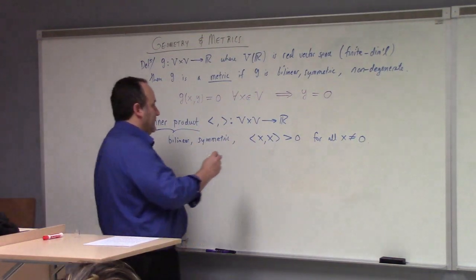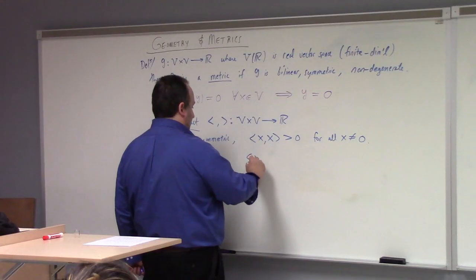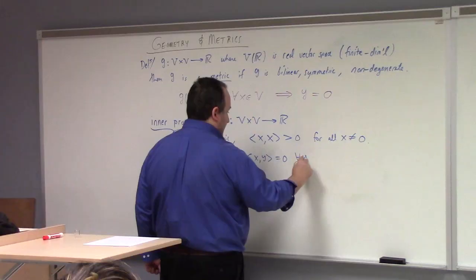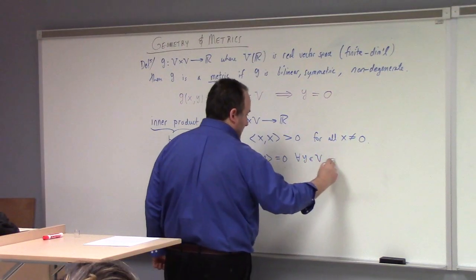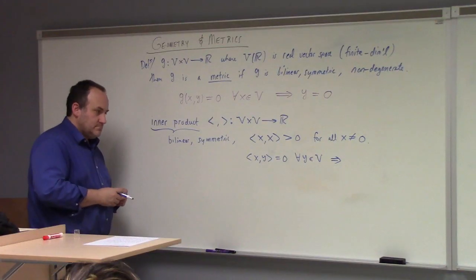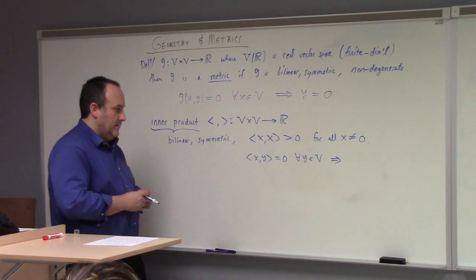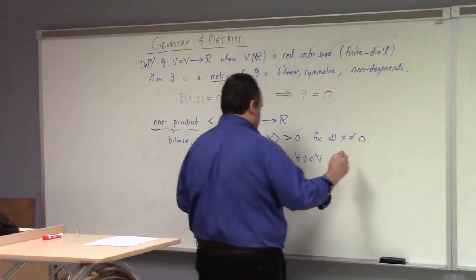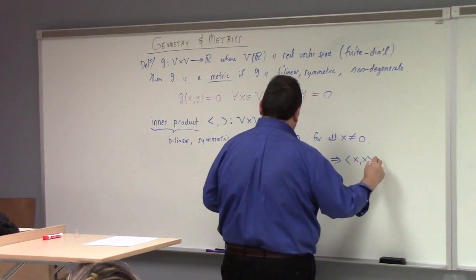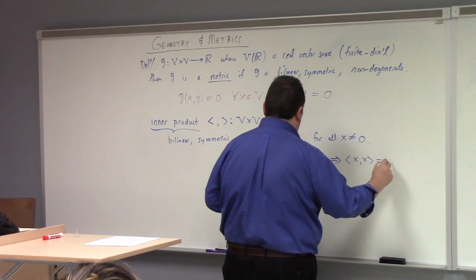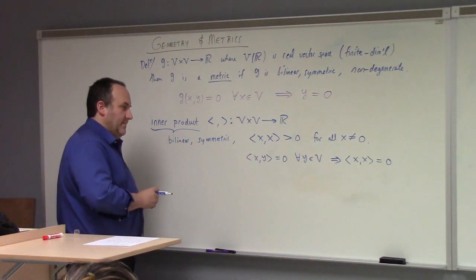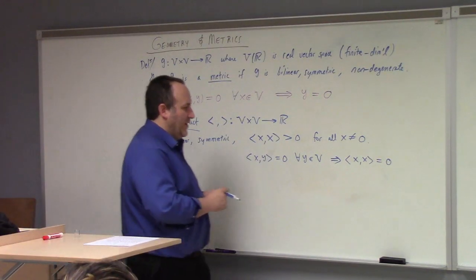And so you notice that if we have x comma y equal to 0 for all y in the vector space, what does that tell us? That means that, well, for example, x comma x is equal to 0. I'm sorry, that's not what I want to say. I want to say y comma y is equal to 0.